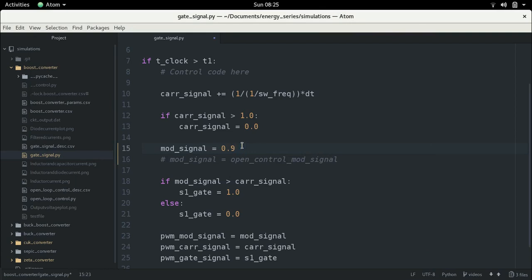Practically, you don't want to exceed around 0.7 maybe, not 0.3, which means you don't want to step up your output voltage by a factor of more than 3. Anything more than this means the switches are under tremendous stress. And if they are under such an amount of stress, with time, your devices will get damaged. So there is a practical limit to how much you can increase your duty ratio.